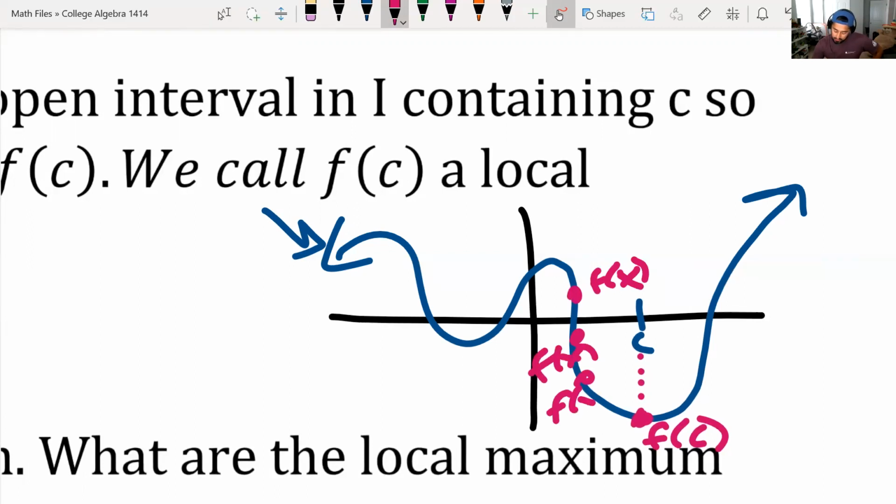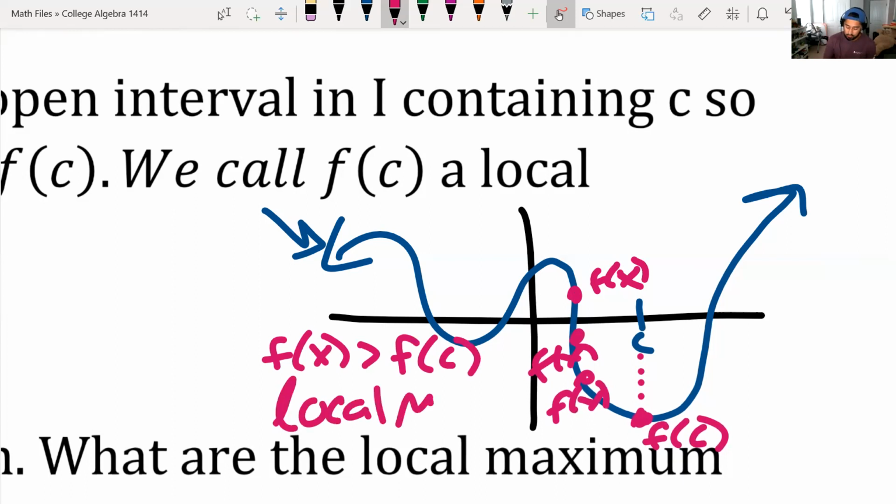F of x. All of these y values are greater than f of c, because f of c is one of the lowest points on the graph, which means this would be a local minimum. That's it. And then you'd come back, f of x, all that lovely stuff. Okay.